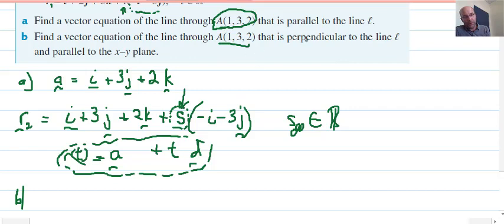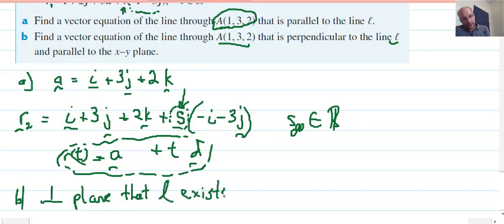In part B, we've got to find a vector equation of a line that goes through that same point, but it's perpendicular this time to L. So it means it's perpendicular to the plane that L resides in. It's not just perpendicular to the line, but the plane, because the lines travel on a plane, don't they?